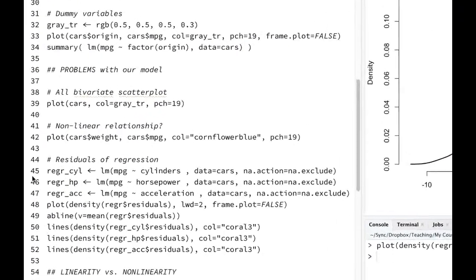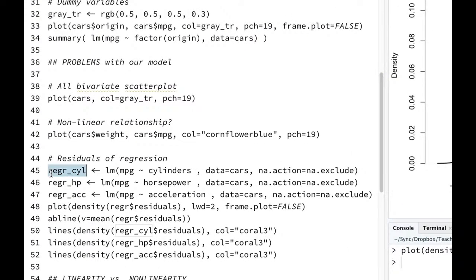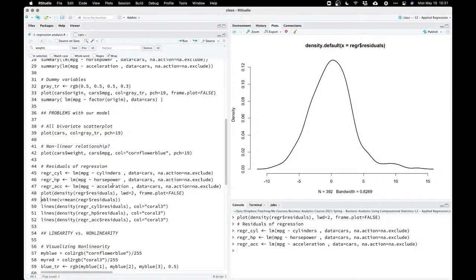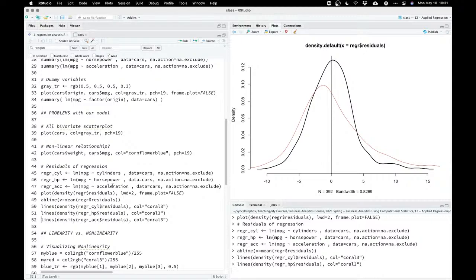However, if we were to do some smaller regressions, for example, this is a regression of miles per gallon just on cylinders, or miles per gallon just on horsepower, miles per gallon just on acceleration. If we do some simple regressions like these, we will notice that the residuals of those simpler regressions do not follow a normal distribution, and they're skewed.